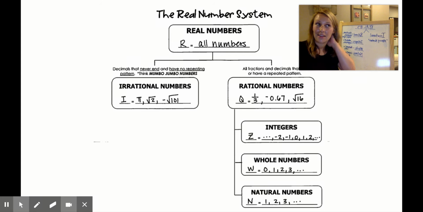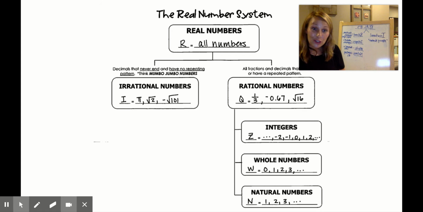And the abbreviation for integers is actually the letter Z. You'll see why as we go, because there's irrational and integer, and if we use the letter I, which is what would make sense, it can be confusing. And so I always say in my head integers, and that's how I remember that it's a Z that we use, but definitely write it down in your notes so you don't forget that.